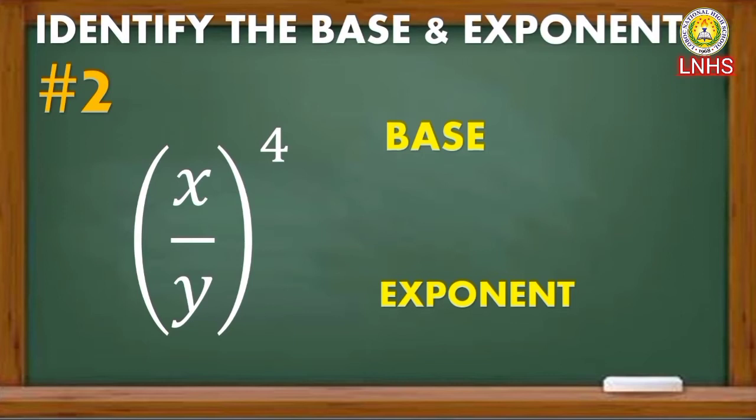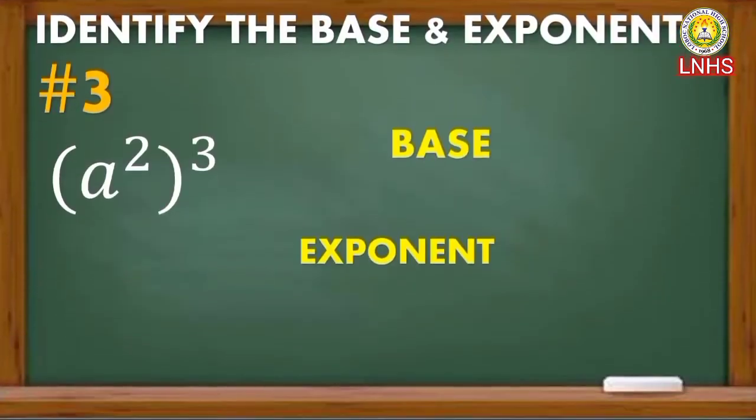Number 2. (x over y) raised to the power of 4. In this case, our base is x over y and our exponent is 4. Number 3. (a raised to the power of 2) raised to the power of 3. Correct.